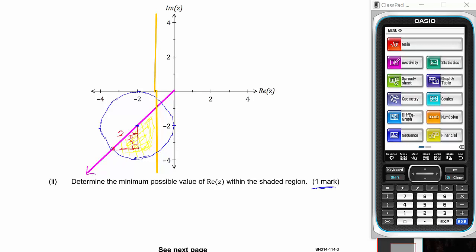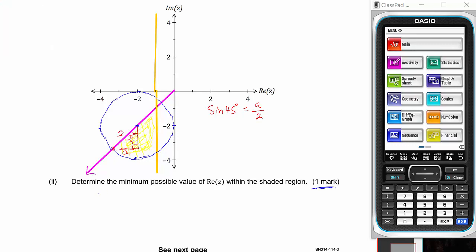So if we're after this distance just here, which I'll call A for the moment, we know that sin 45 degrees is equal to A over 2.